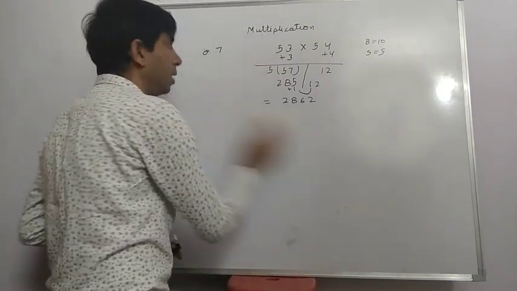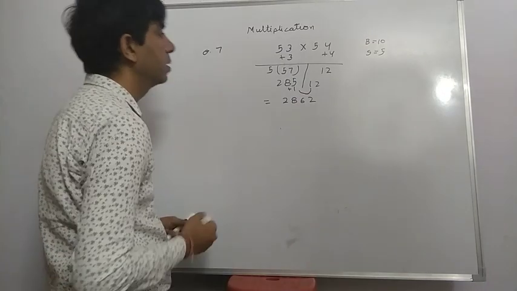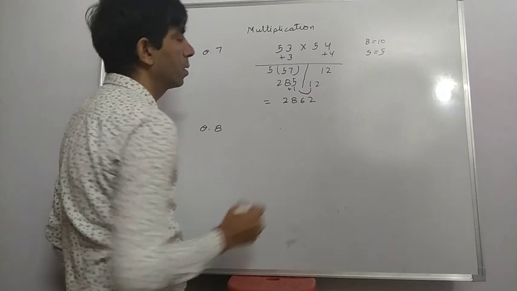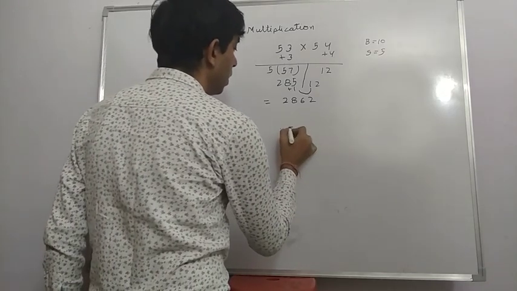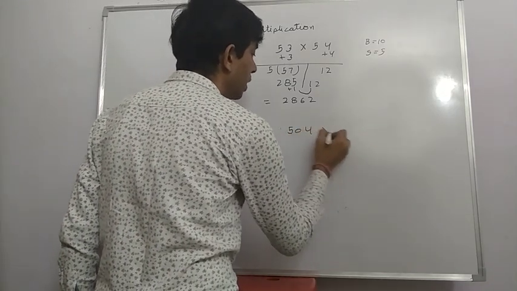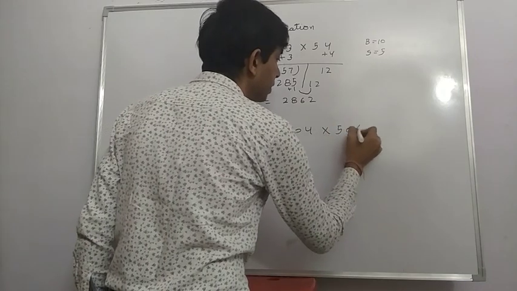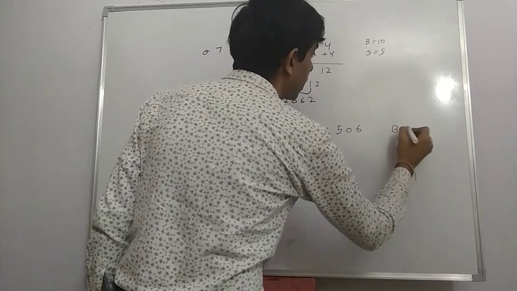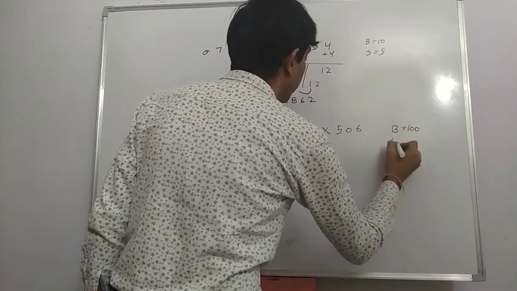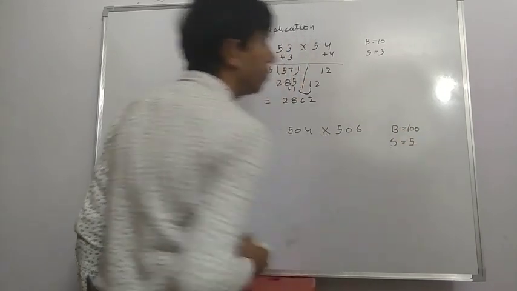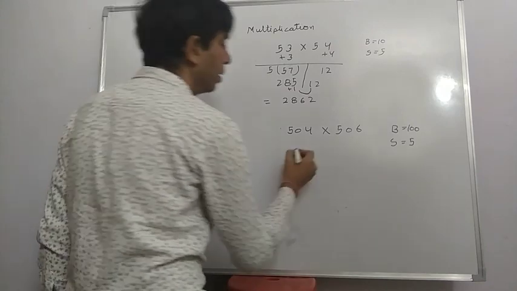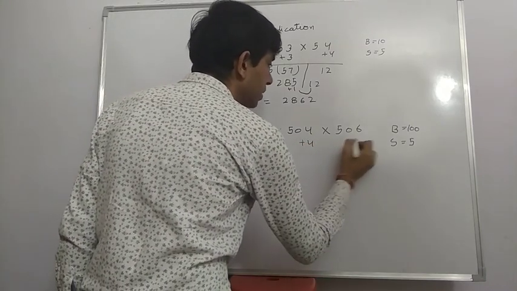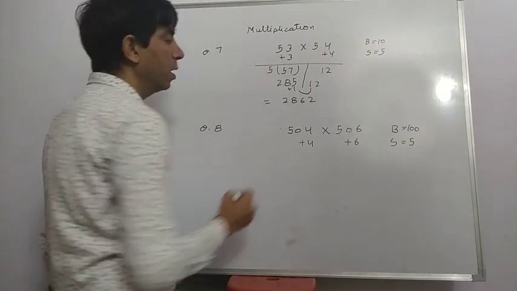Let's solve a big number calculation. 504 multiply 506. Here the base equals 100, the subbase equals 5, and plus 4 and plus 6 are the deviations.